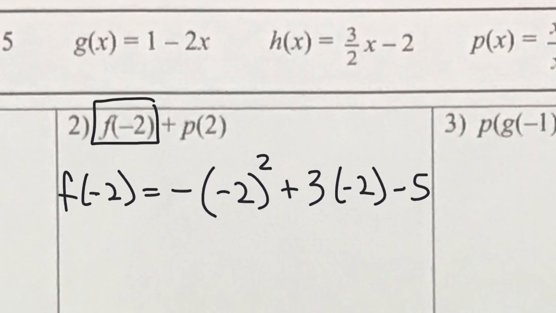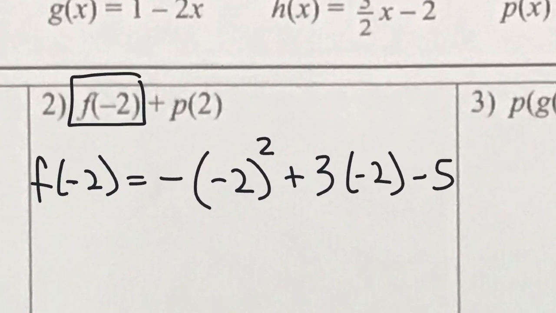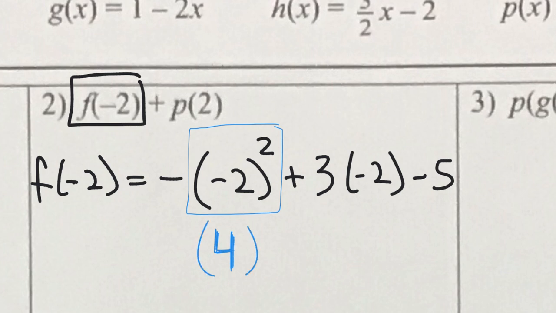Okay, PEMDAS says, what do we do first? We do the exponent. So what is -2 squared? +4. Squaring something makes it positive. -2 times -2 is +4. Okay, but we still have the negative in front.